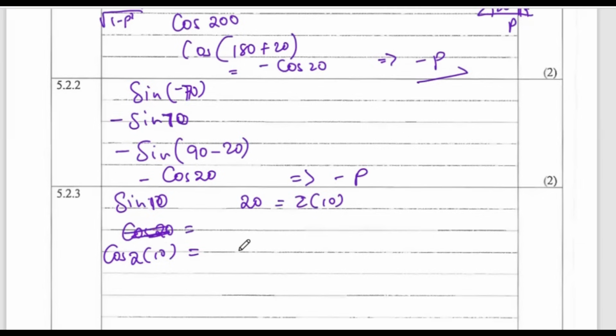So this can be given as 2 cos squared 10 minus 1.